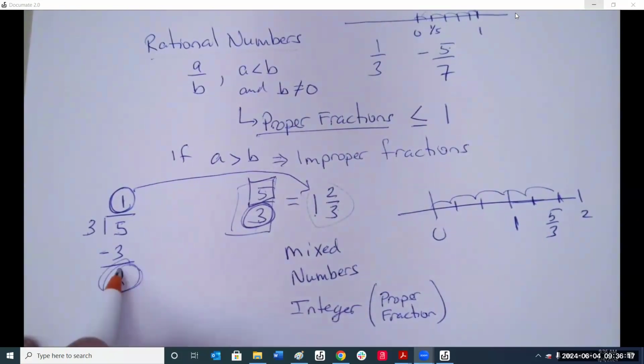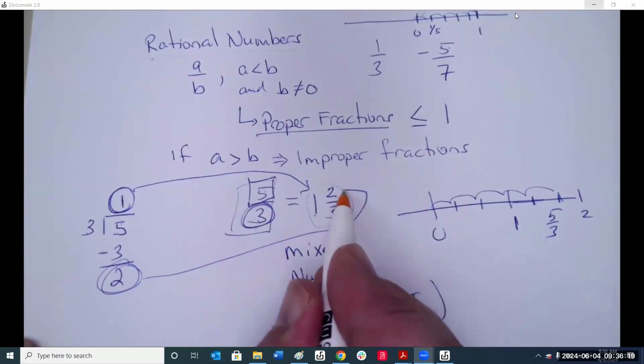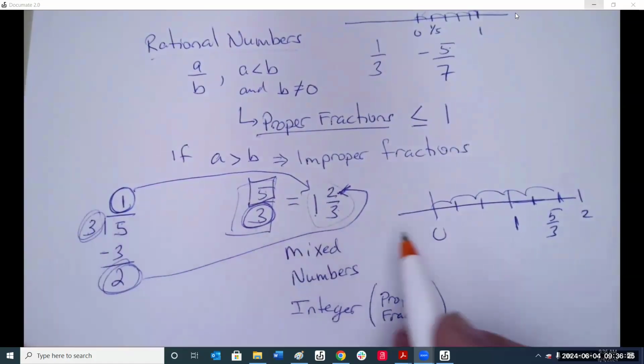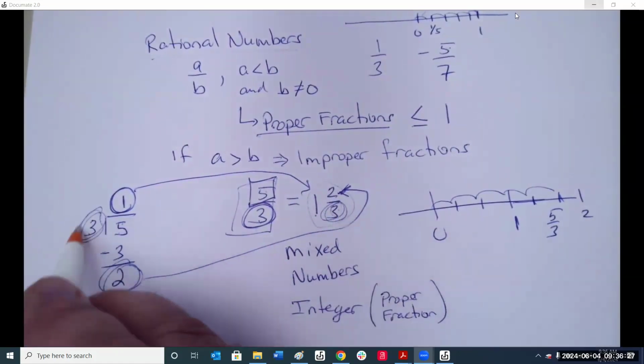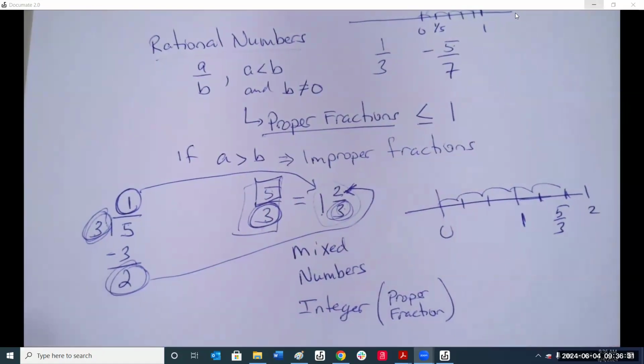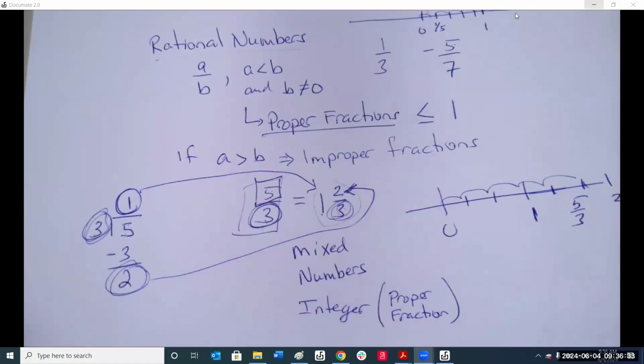Your remainder, and whatever's on the bottom always goes on the bottom. So what would this number be? Convert this one.